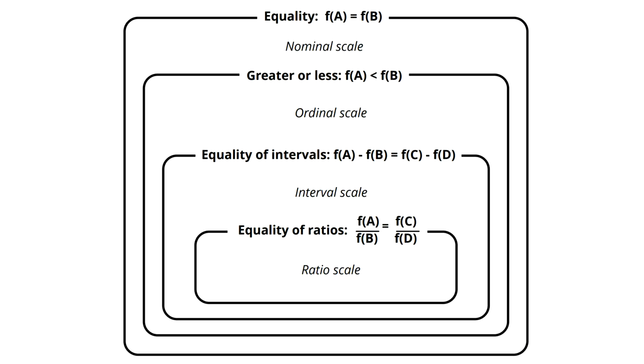So let's say, for example, we were still interested in whether people like strawberry ice cream or not, but this time we wanted to ask people how much they like strawberry ice cream. Now, we could ask them this question and we could provide them with a 6-point scale from 0 to 5, where 0 is I don't like it at all, 5 is I like it immensely, and all of the other numbers exist somewhere along that spectrum. Now let's say, for example, we asked 4 people to answer our question.